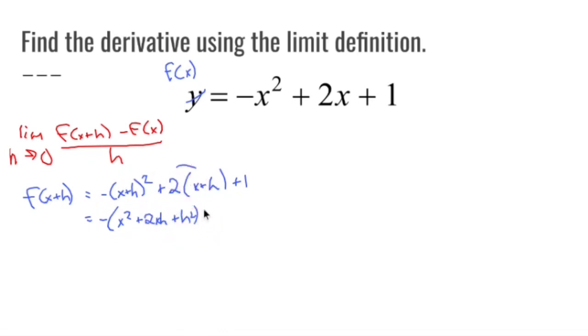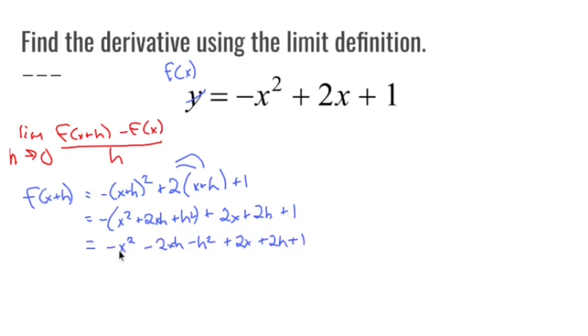This is distributive property, so plus 2x plus 2h and then plus 1. Distribute this negative: negative x squared minus 2xh minus h squared plus 2x plus 2h plus 1.